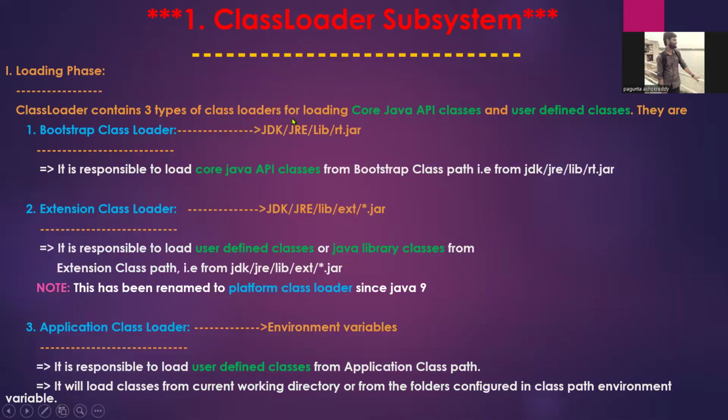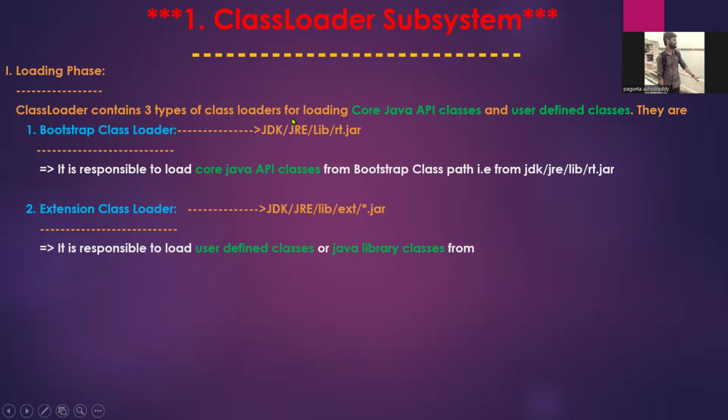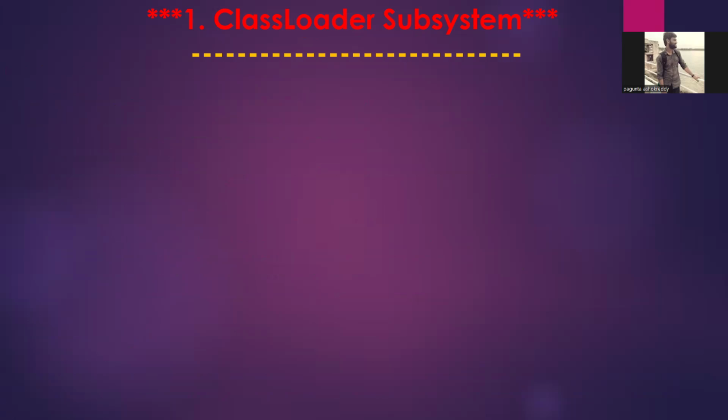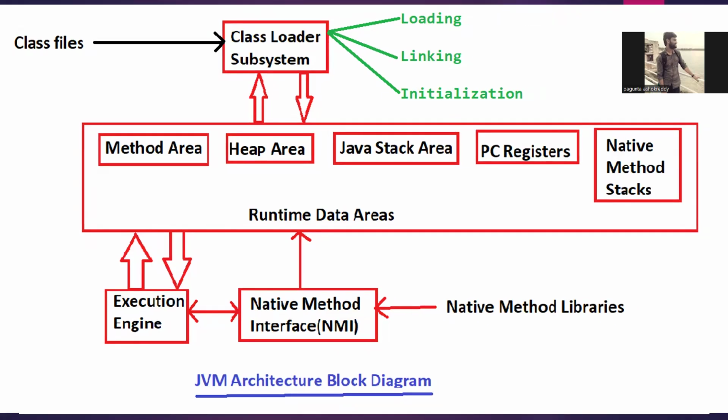Now, what we are discussing as of now: whenever a .class file is loaded into the class loader subsystem, we have three activities: loading, linking, and initialization. What is the purpose of loading?